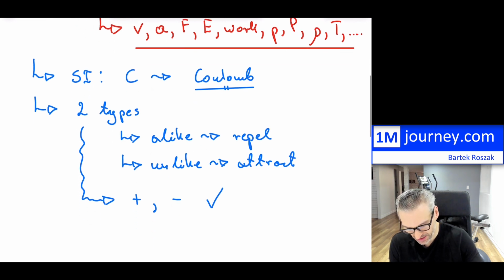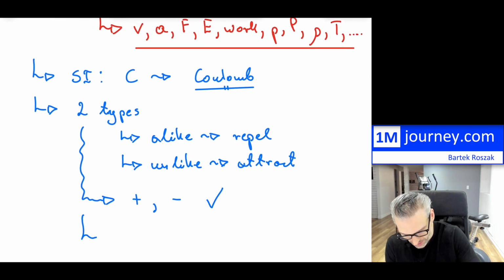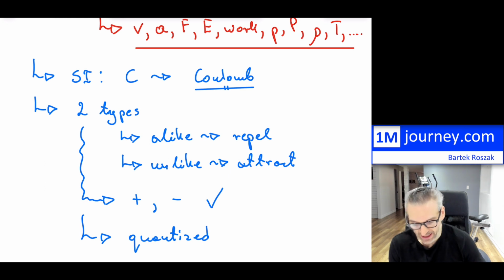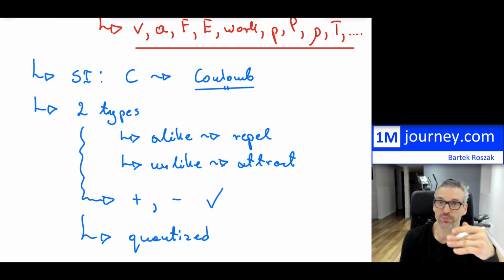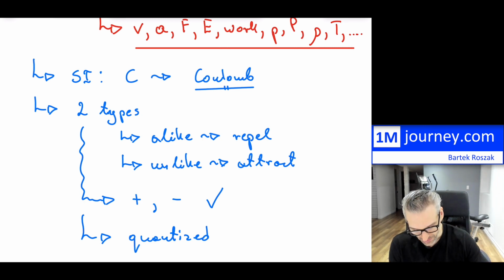Now, what is also very interesting is that these charges are quantized. So they are discrete. This is unlike, for example, distance or time. The quantization effect of charges is what this actually means.